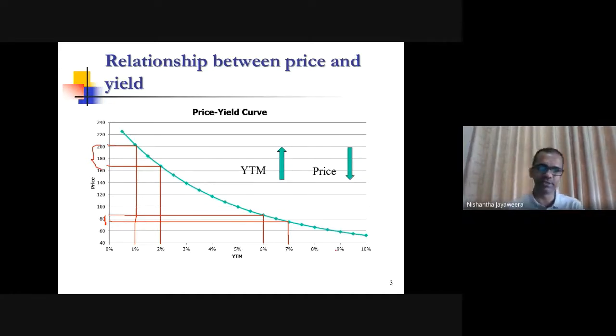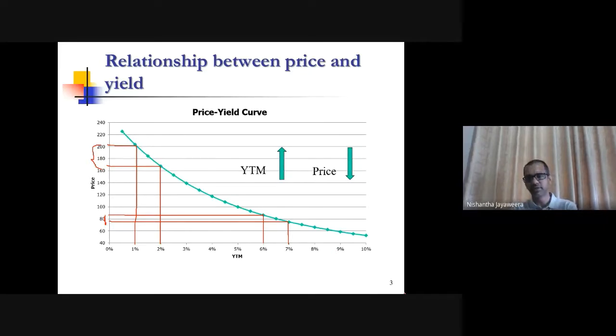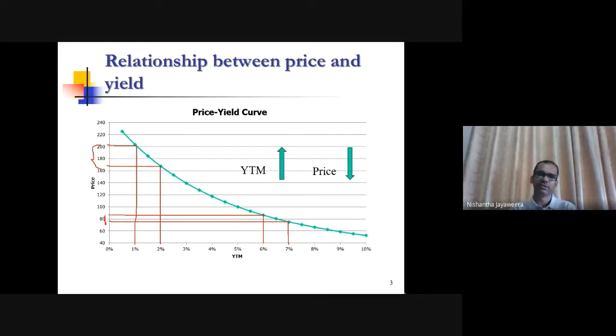The higher the duration of a bond, that means that bond is highly sensitive to interest rate changes. If the duration is low, that bond is less sensitive to the interest rate.